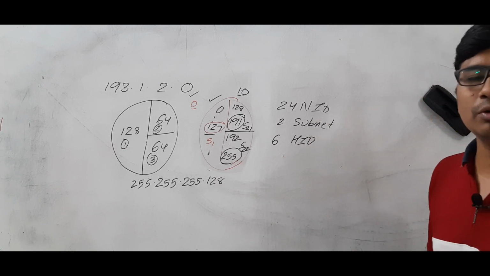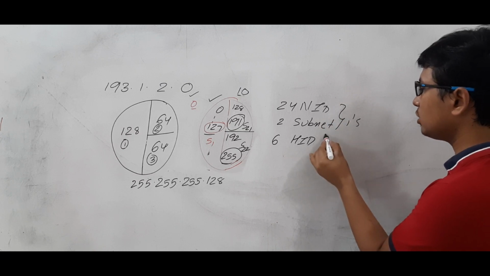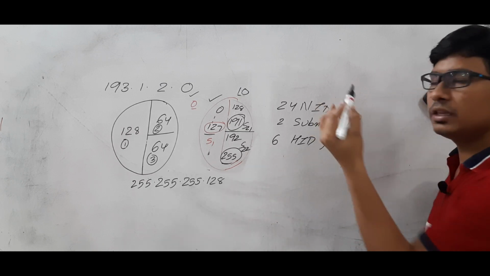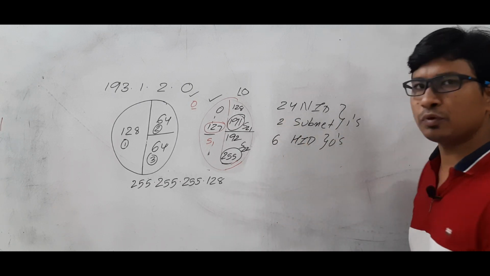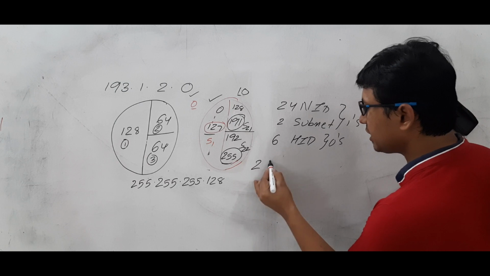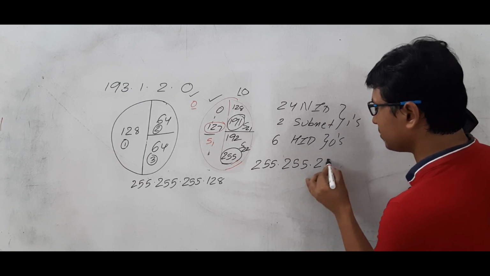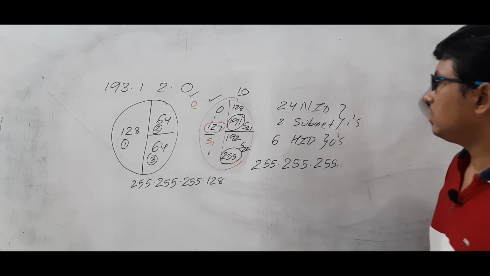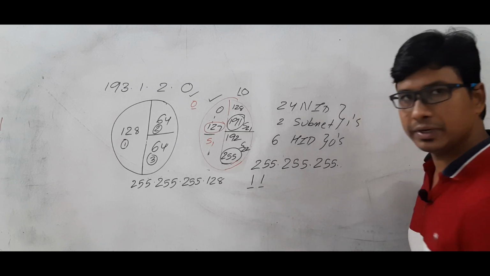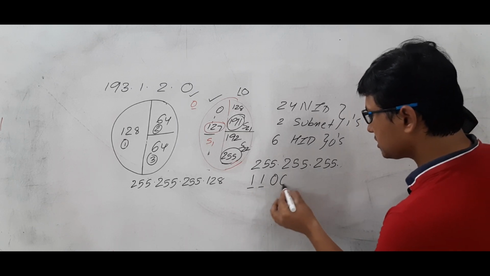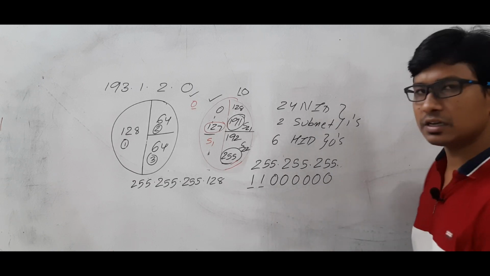So now how will you compute the subnet mask? These two places you keep 1s and in the host ID part you keep 0s, then you will get the subnet mask. Now tell me, if I keep 24 1s, what will I get? 255.255.255. And 2 bits you have to keep 1s, they are MSB bits, and then the remaining 6 bits you have to keep zeros, because the remaining 6 bits are the host ID.